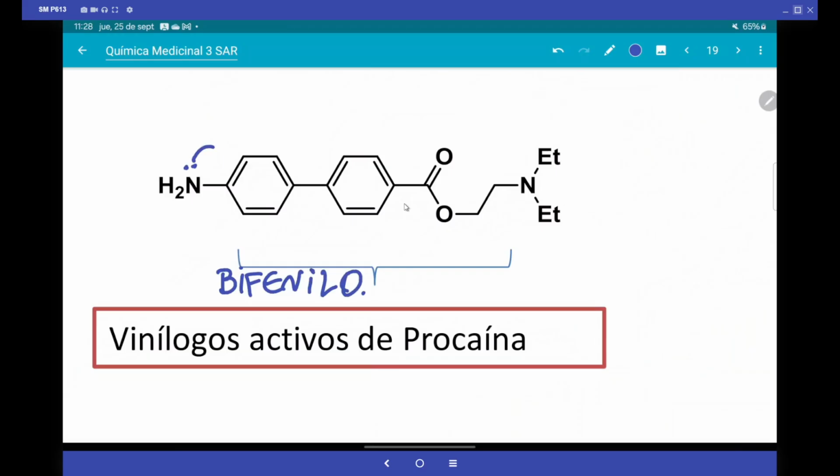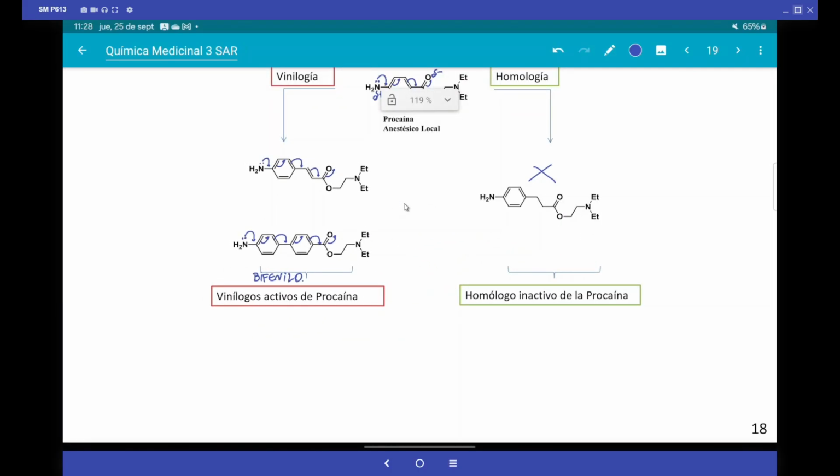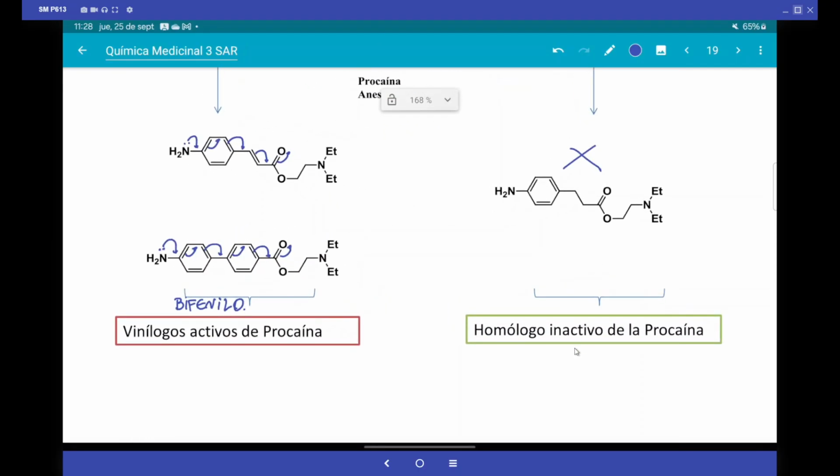The complete conjugation is also preserved through that long and extensive system, so it is also active. It is active in this type of biphenyl derivative, which consists basically of vinylogy, which is different from homology. Homology is to insert simply carbons with sigma links. Vinylogy is to insert double links that allow the conjugation.